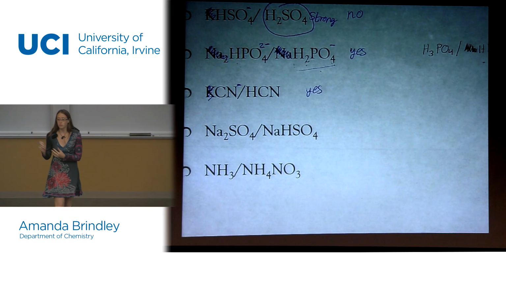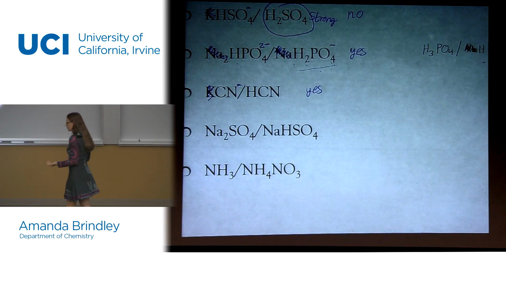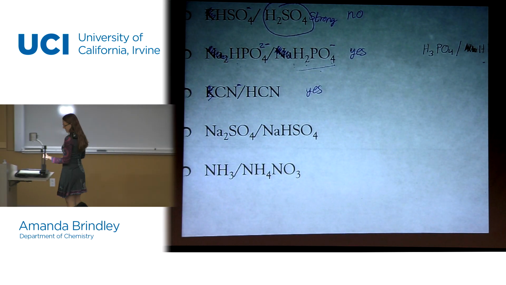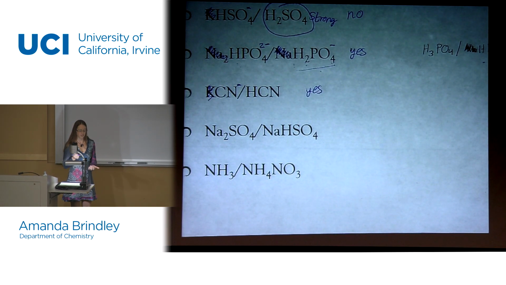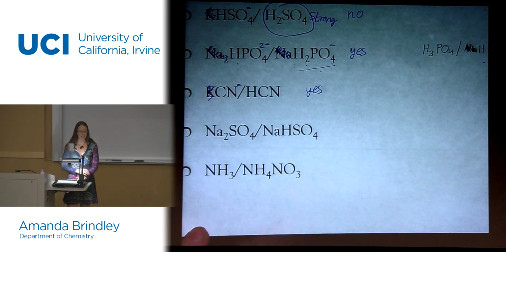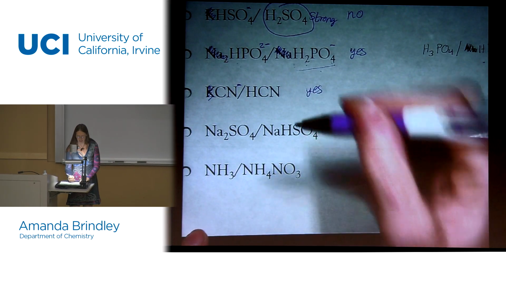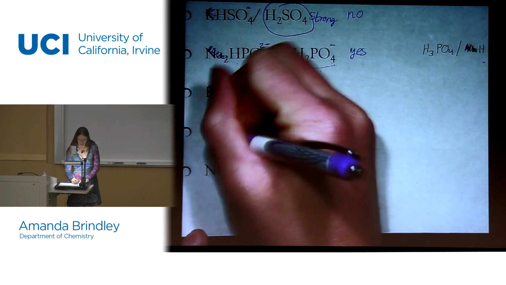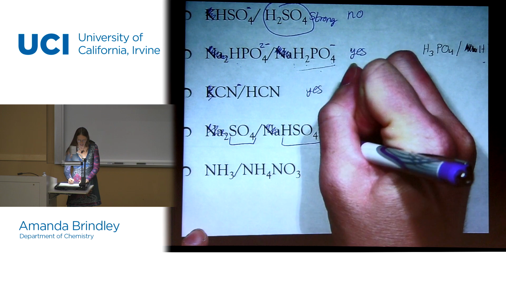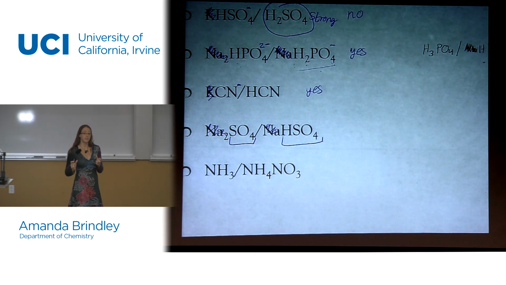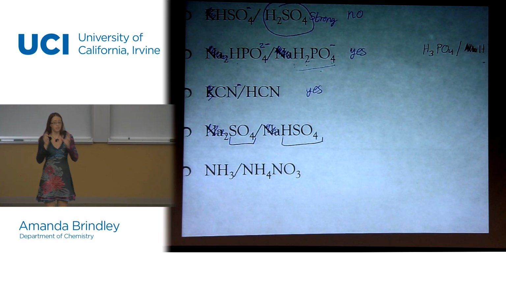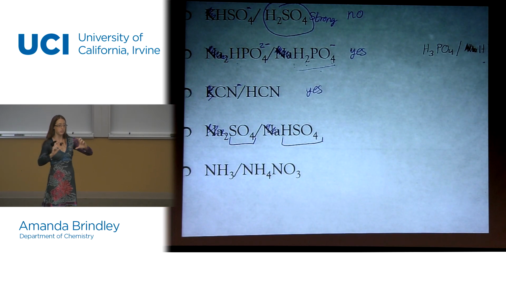Okay, so why did I say it was tricky? What do we have to worry about here? H2SO4 is a strong acid, but are we looking at H2SO4 here? No. We're looking at HSO4 minus and SO4 2-. The first proton in H2SO4 is strong.